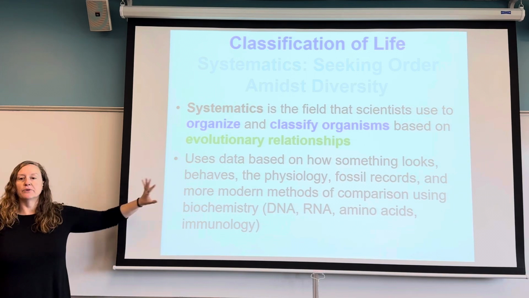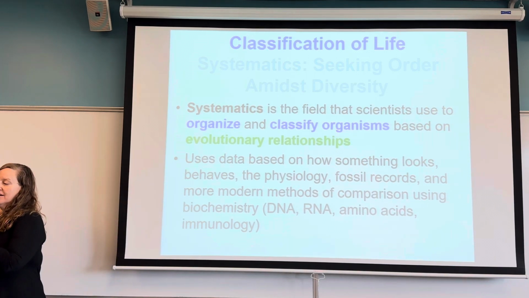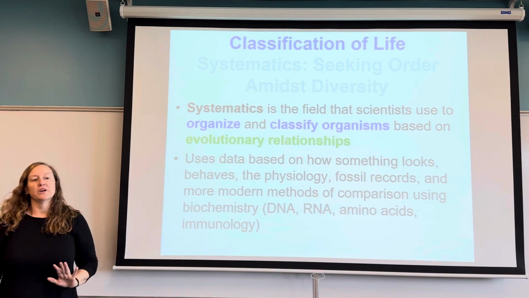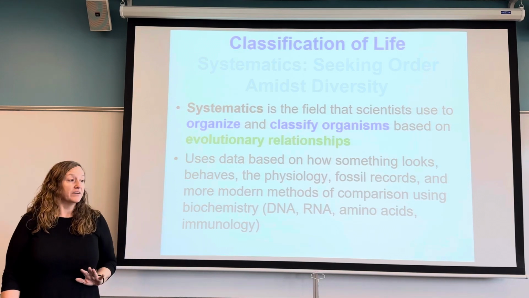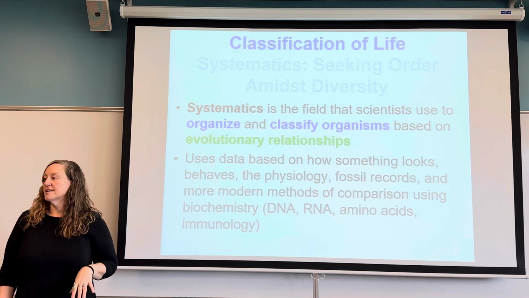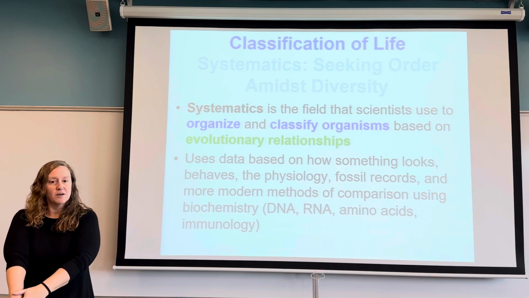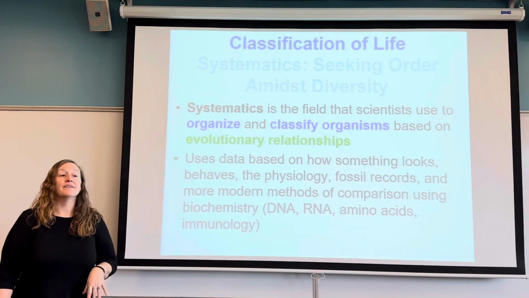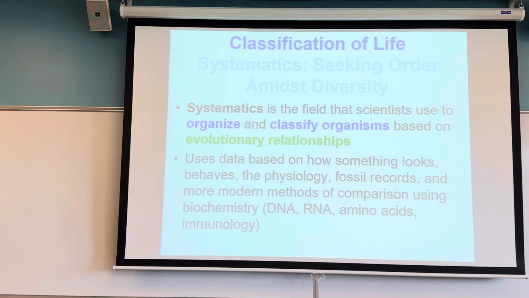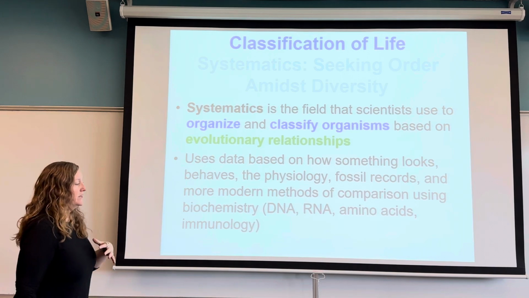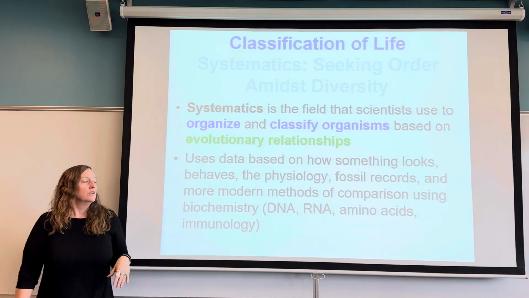So how do we do this? And if we think back to all of the different kinds of support for evidence for evolution, we looked at skulls and we looked at homologous structures and vestigial structures, and we looked at embryos, and then we talked about using molecular biology, DNA, RNA, proteins, amino acids.